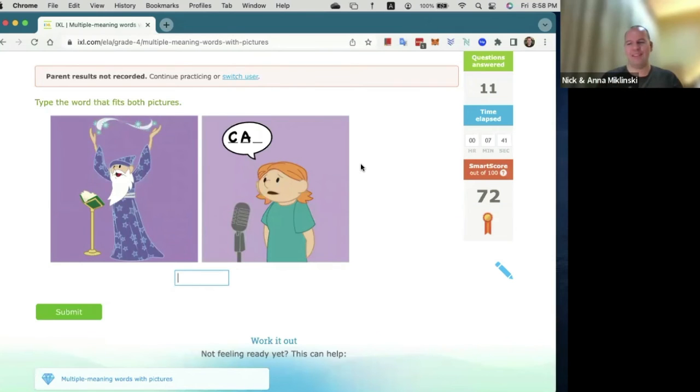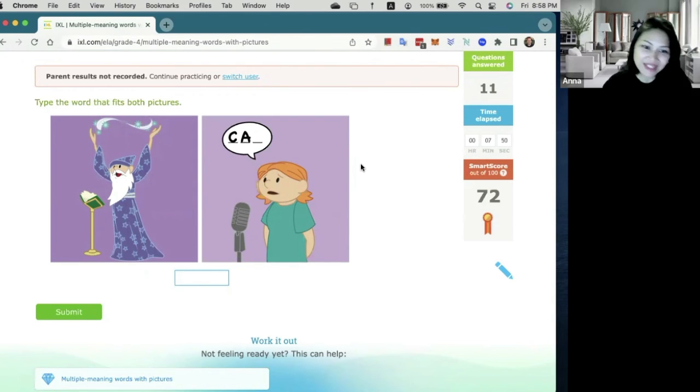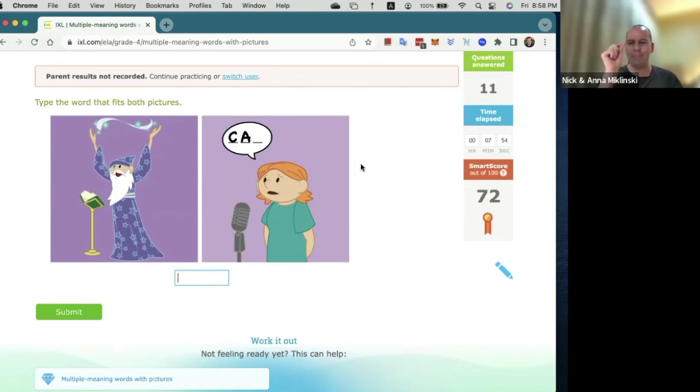You might have one of these competitions. It's called a blank bee. Not a bee like a bumblebee, but a bee for a competition.